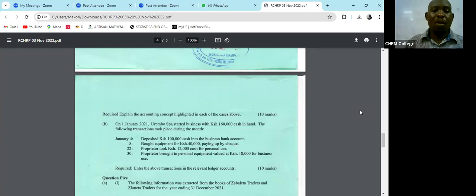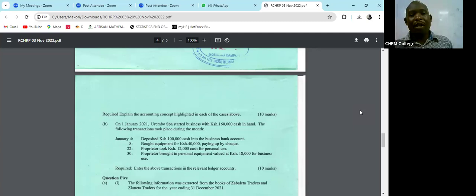So on 1st, it was personal cash being converted into business cash. That is capital. On that day, we converted the personal equipment into business equipment. That is still capital. We credit capital, and then we debit what has been brought into the business.